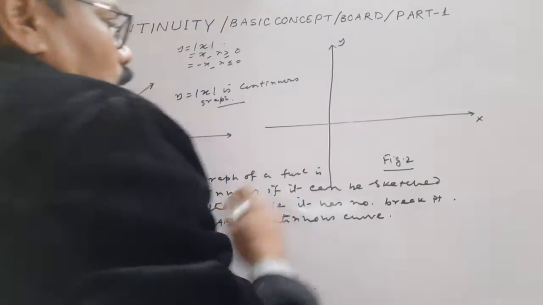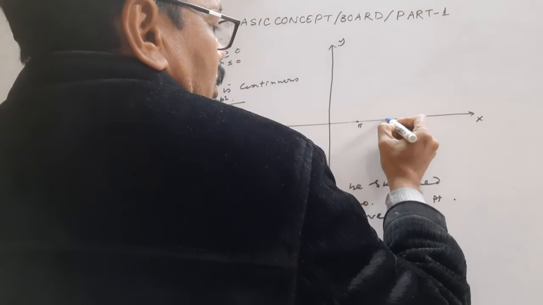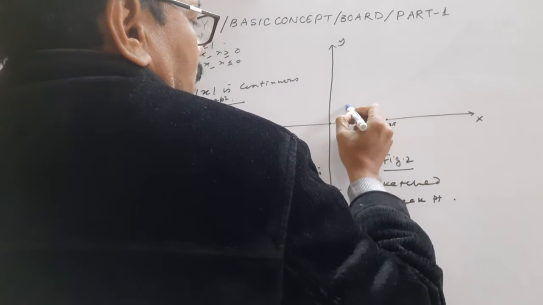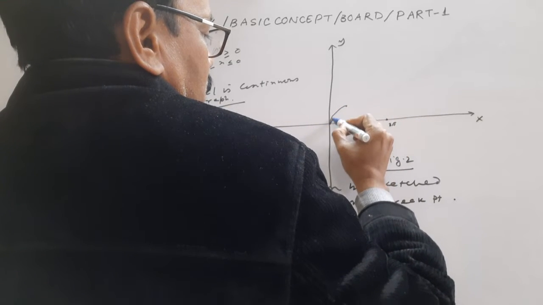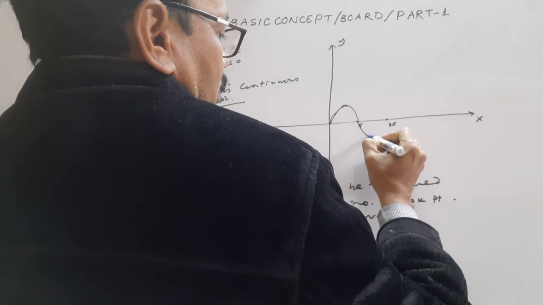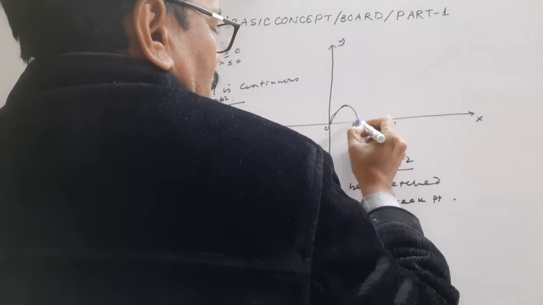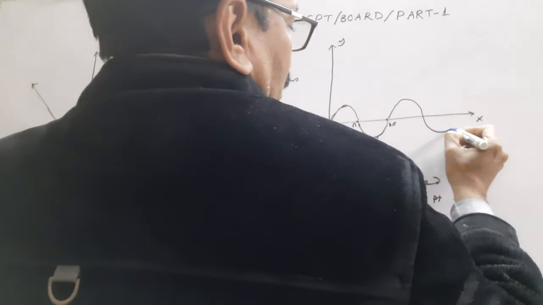Now look, you know the graph, I have already discussed it, pi, 2 pi. So the sine curve. For sine of pi by 2, this is 1. And minus pi by 2. So at 3 pi by 2 it is minus 1. So this is 0, this is pi, and it will continue like this.